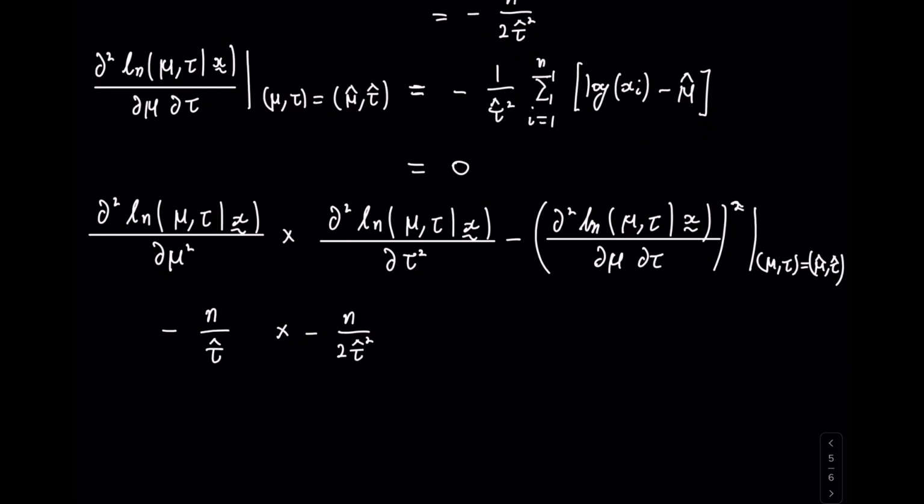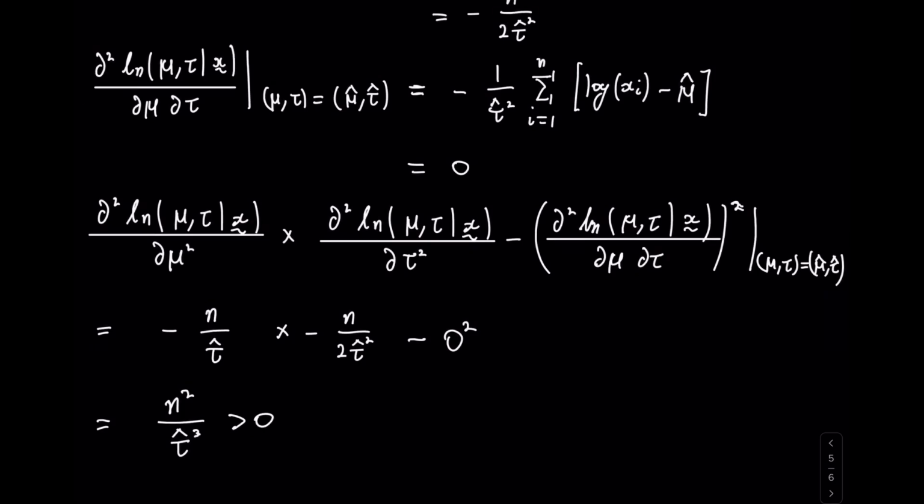And then finally, we evaluated also the second derivative with respect to mu and tau. We know that that is equal to 0. And so after this expansion, we are left with positive, because the negatives cancel out, n squared on tau hat cubed, which by definition is greater than or equal to 0.